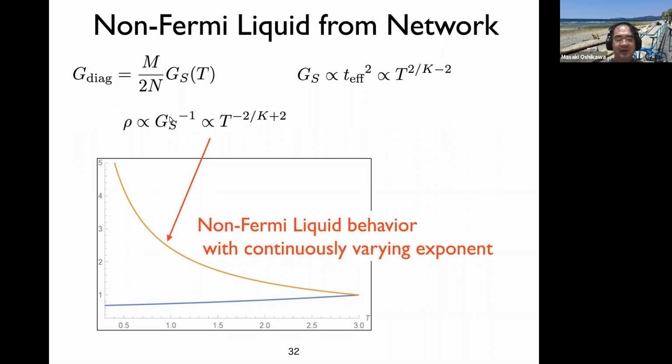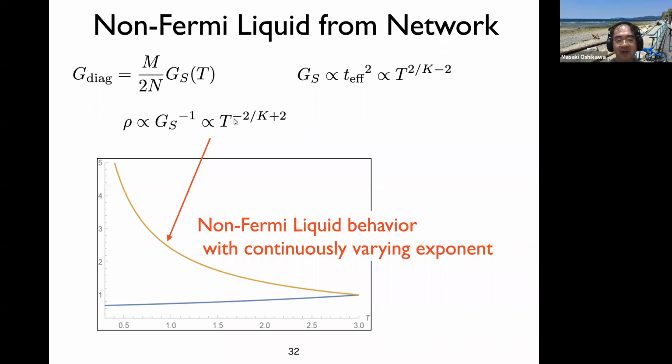So this means that the resistivity is proportional to T to the power 2 minus 2 over K plus 2. That's a negative power of K for repulsive interaction. And this is nothing but non-Fermi liquid behavior as a 2D network.